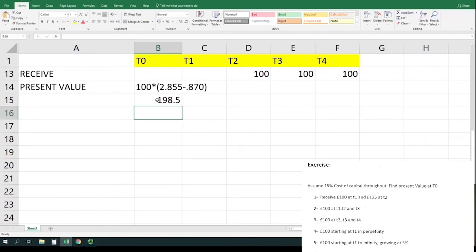You can see that the timing of the cash flows is making a massive difference. If you receive £300 in years 1, 2, and 3, the present value is £228.40. However, if you receive the same £300 in years 2, 3, and 4, the present value is £198.50. So a significant difference.